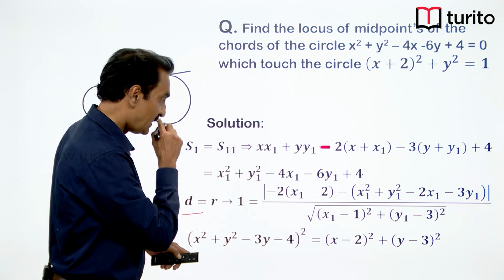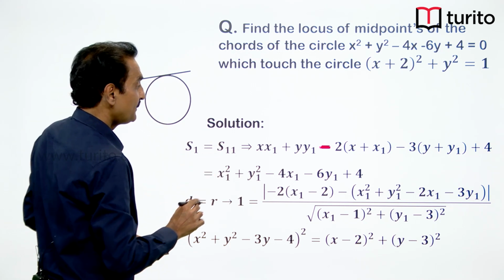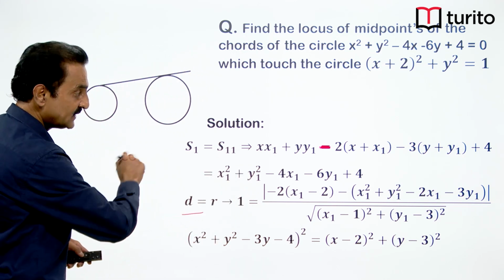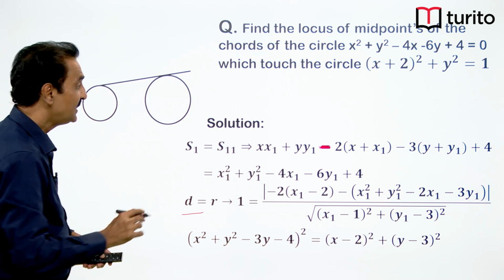This is d is equal to r, let us check. Okay, we have made a calculation mistake in the previous calculation.